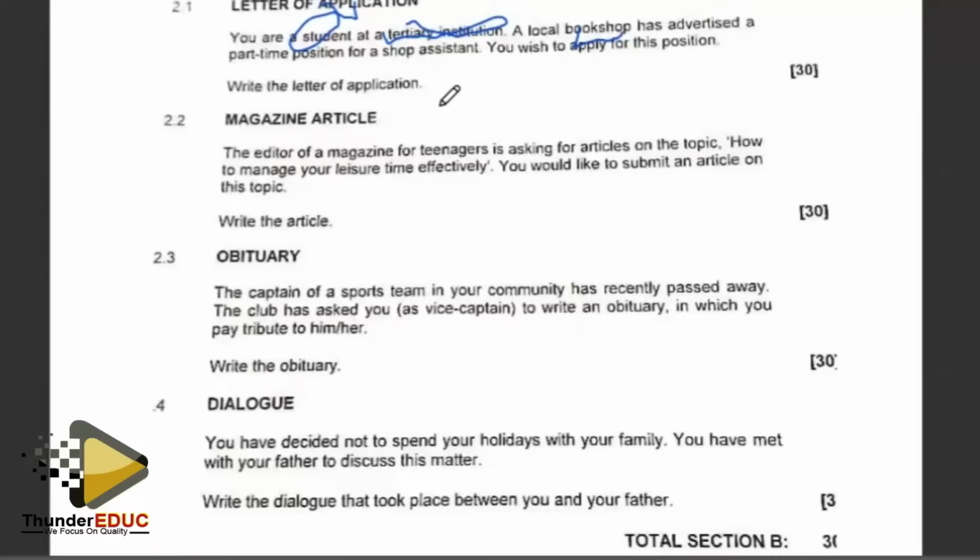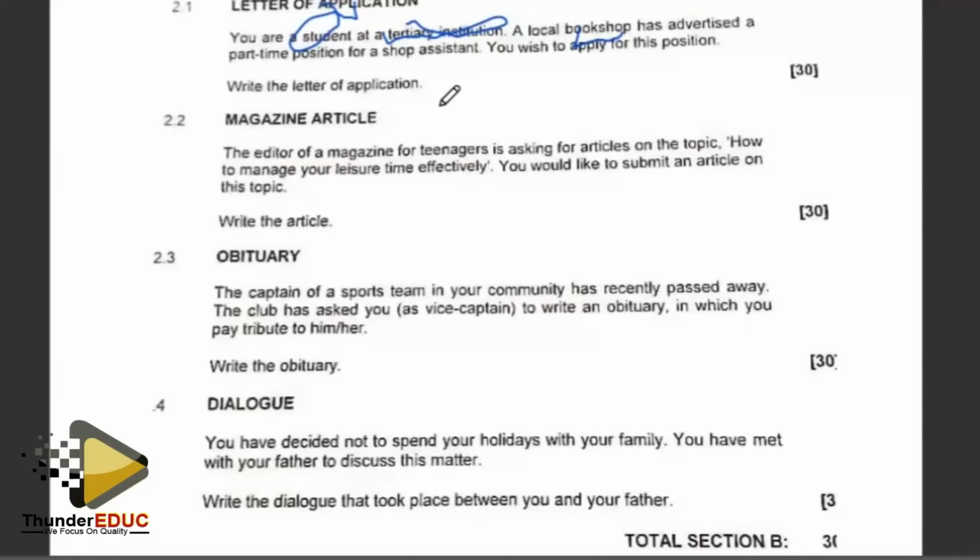We are supposed to handle it. So in other words, how to manage your time could be how to actually hold your time, how to use your time profitably. That is what it means to manage. It means to be accountable for something, to keep something, to use it in the right way.